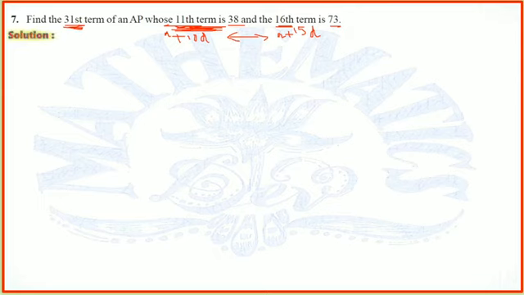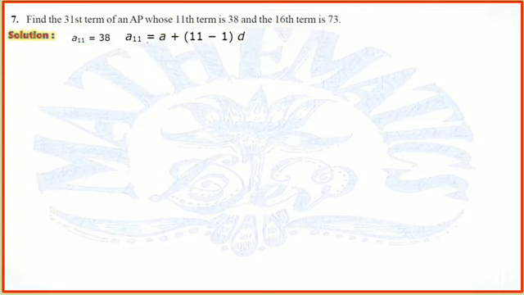Let us go for the solution. A11, as I told you, the 11th term is 38. A11, that is the 11th term, is A plus 11 minus 1 into D, and A11 is 38, so 38 is equal to A plus 11 minus 1, that is 10D, equation number 1.